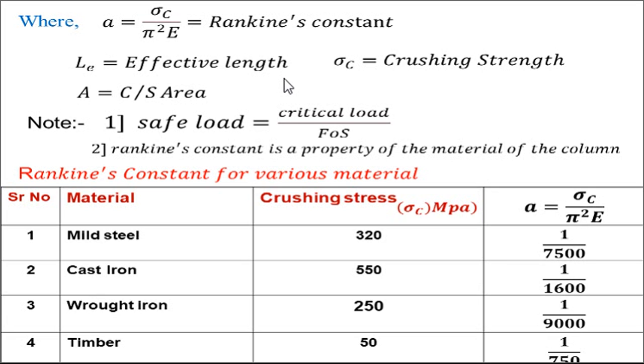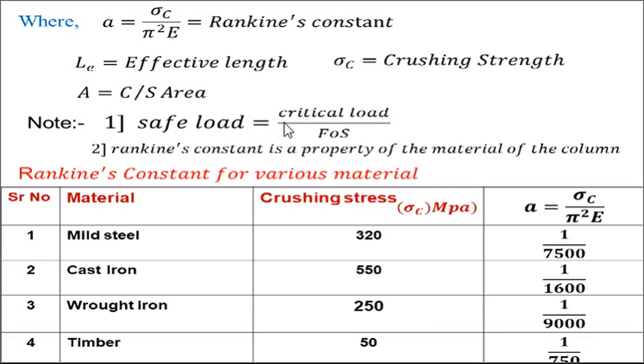So there are different end conditions, and depending upon the end condition, it is very important to determine the relationship between effective length and actual length, right? If you directly use the actual length, your answer may go wrong. So the better way is to use the appropriate relation depending upon the end condition, and then put in the effective length value. So here sigma C is the crushing strength, and capital A is the cross section area.